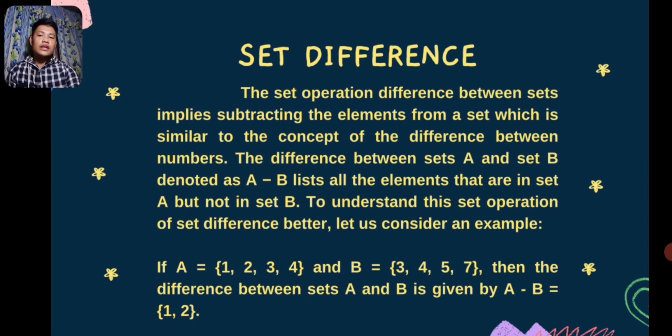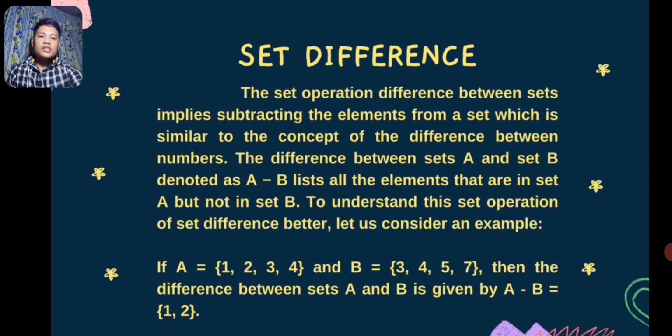In the example given, this set operation finds the difference of set A and set B, meaning you will find the elements in set A that are not elements of set B. As you can see, elements 3 and 4 are in set B. With that in hand, we can say that the elements that are not in set B are 1 and 2. Therefore, the difference of A and B is 1 and 2 respectively.